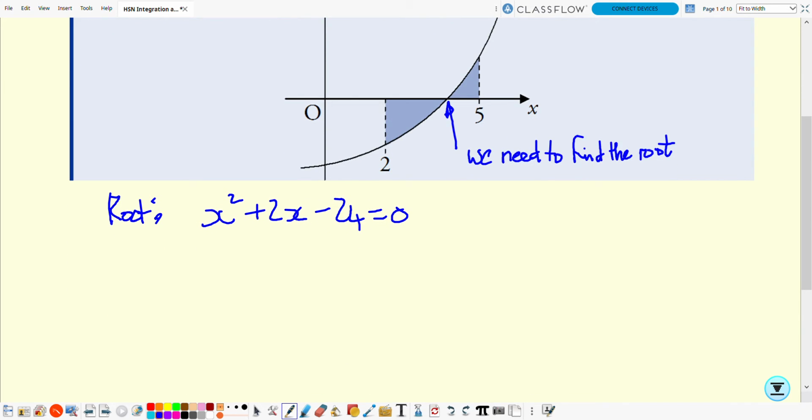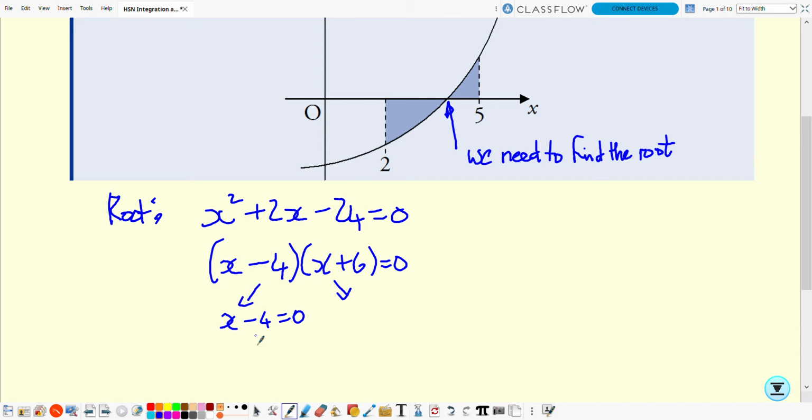And to factorise that, we would have (x minus 4)(x plus 6). And of course that splits up into our two roots, so you get x minus 4 is 0, giving you x equals 4, and x plus 6 equals 0, leading to x equals minus 6. So those would be your two roots.